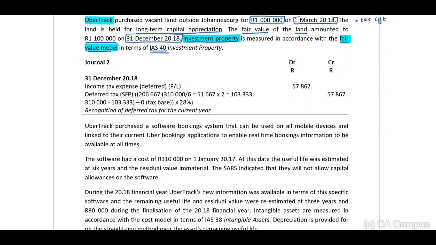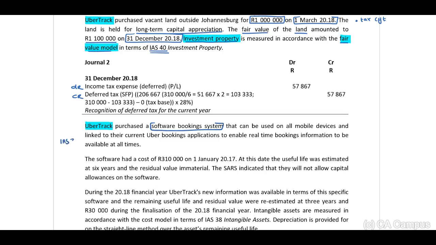Journal 2, they debit income tax expense, profit or loss, and credit deferred tax. Now, let's read through the scenario. UberTrack purchased a software bookings system that can be used on all mobile devices and linked to the current Uber Bookings application to enable real-time bookings information to be available at all times.